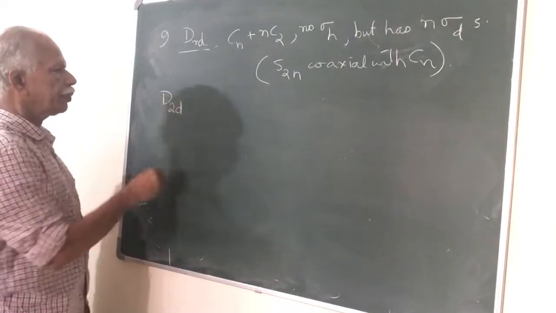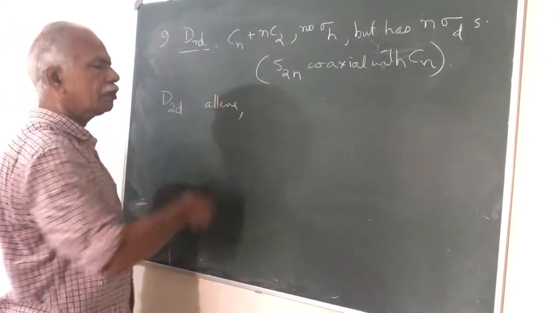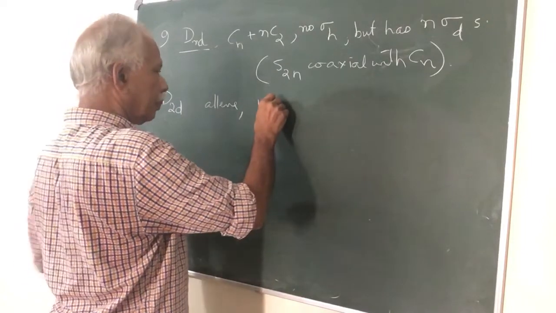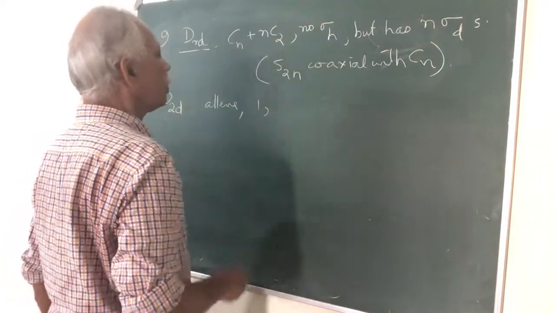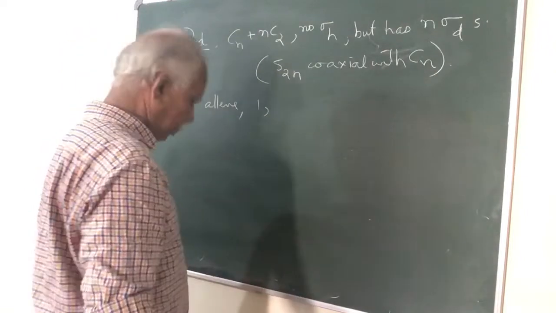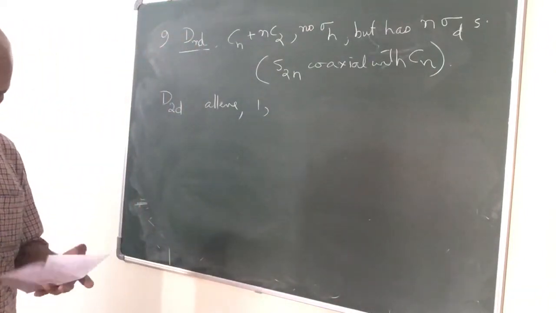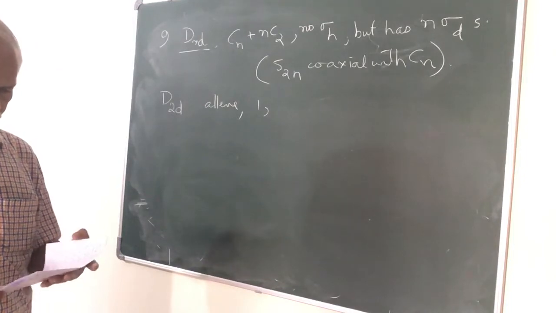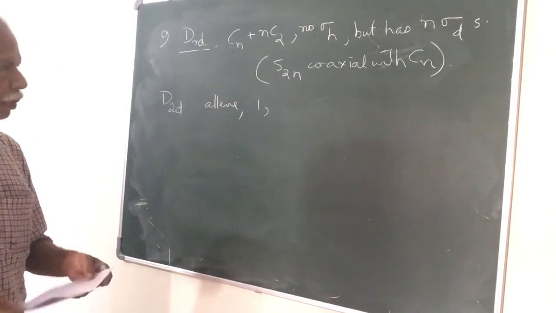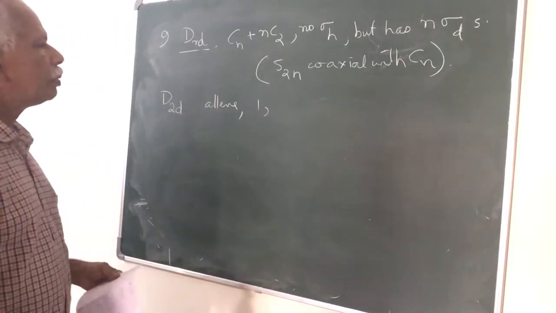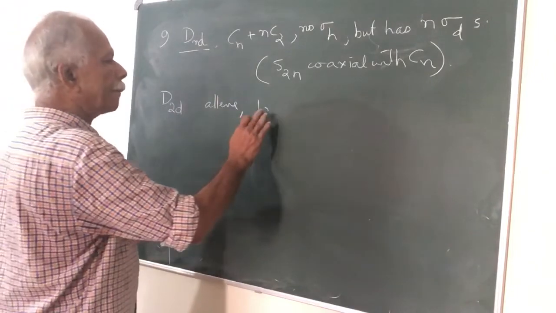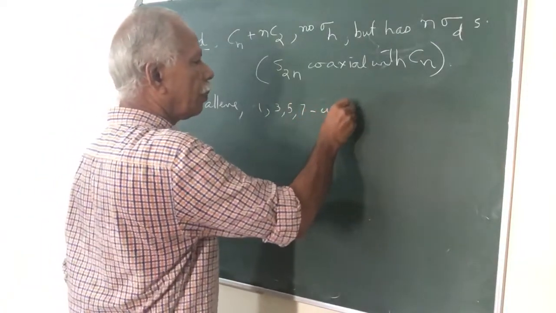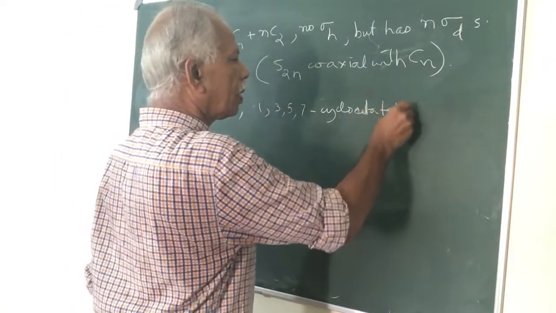Example of D2d, allene. Allene is one example, then this 1,3,5,7-cyclooctatetraene.